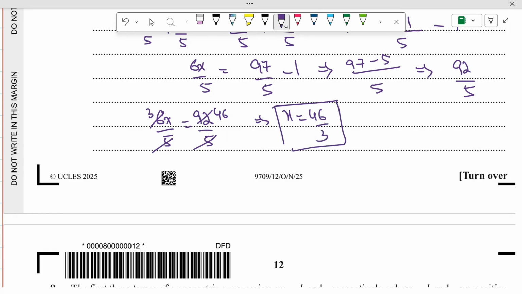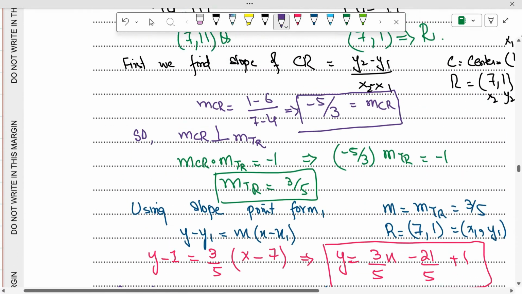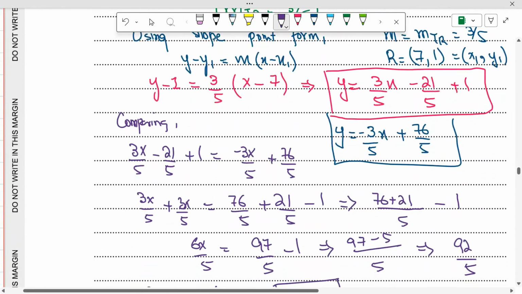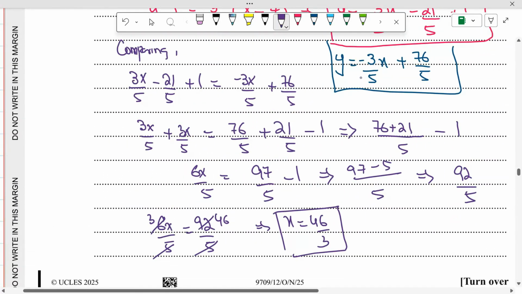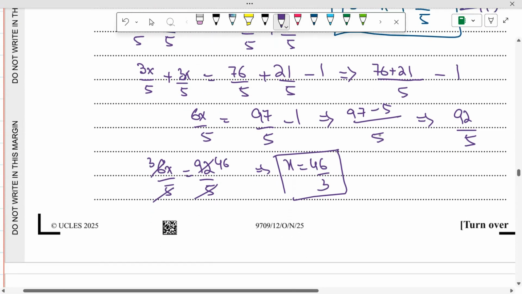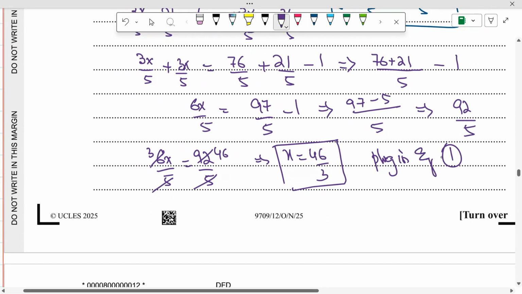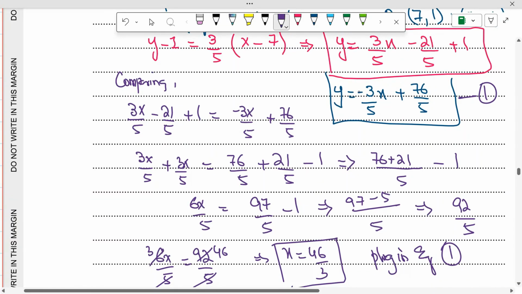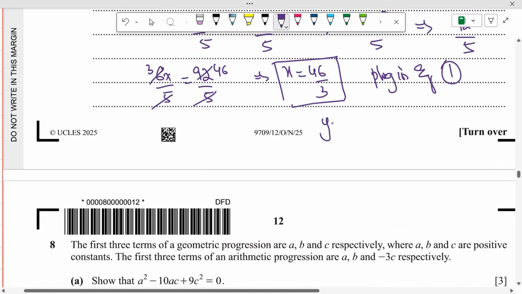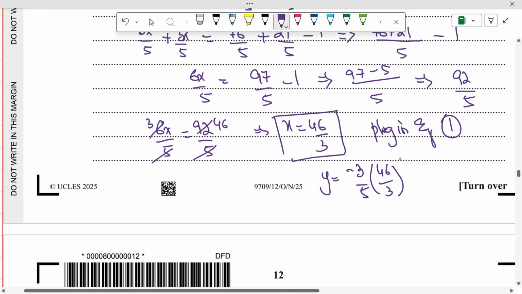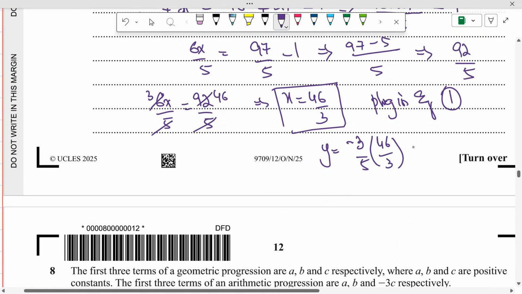So we have the x coordinate of the point of intersection of the tangent at R with tangent at Q. Now we need to find the y coordinate. So plugging this value in equation 1, we will have y equals negative 3 over 5 times x, which is 46 over 3, plus 76 over 5.